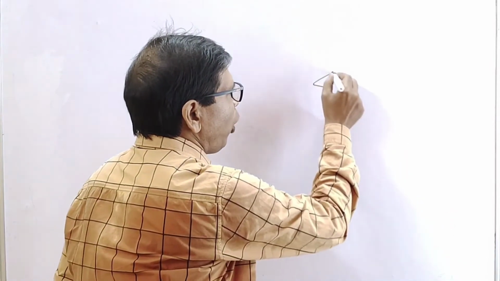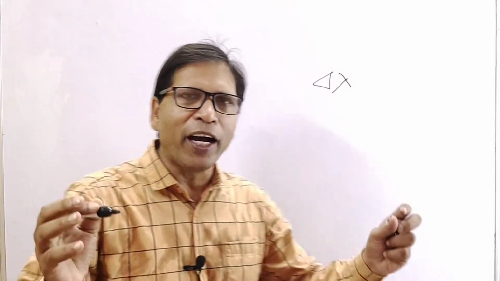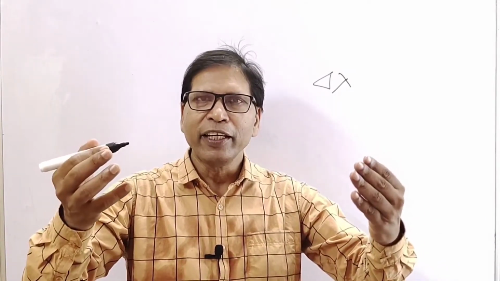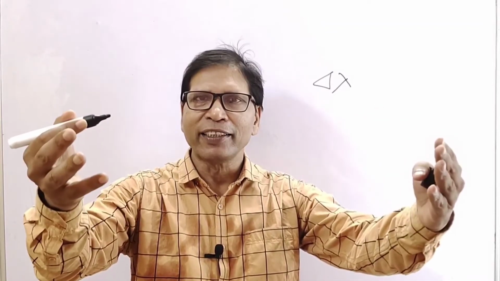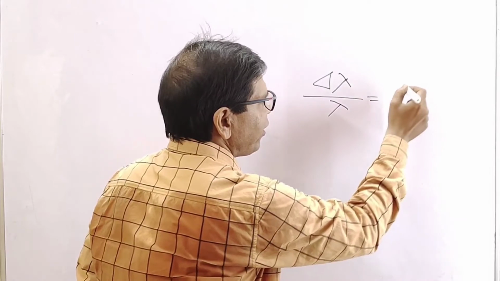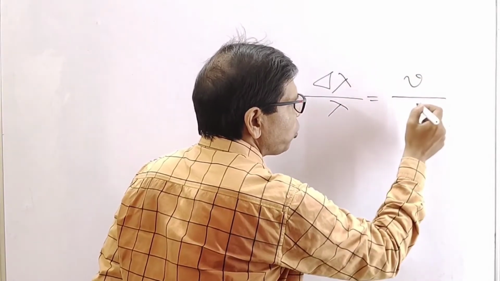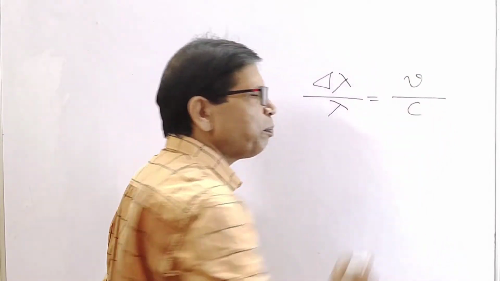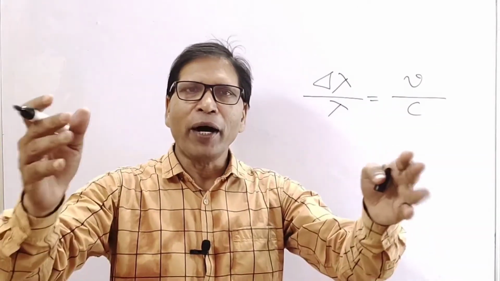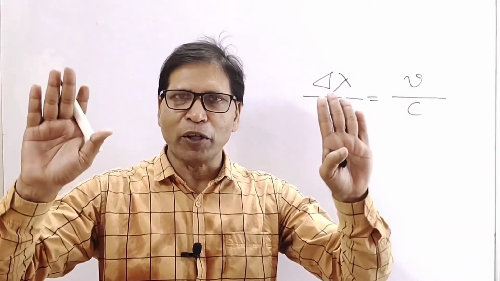If the increase of wavelength is delta lambda due to the velocity of the source v away from us, then delta lambda by lambda equals the velocity of the source divided by the speed of light. The velocity away from us is taken as positive.